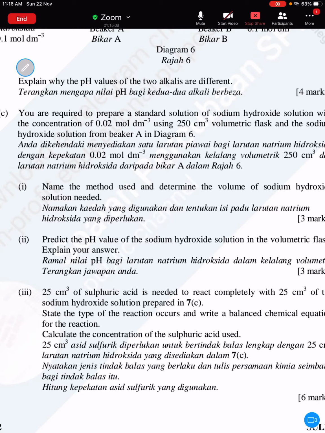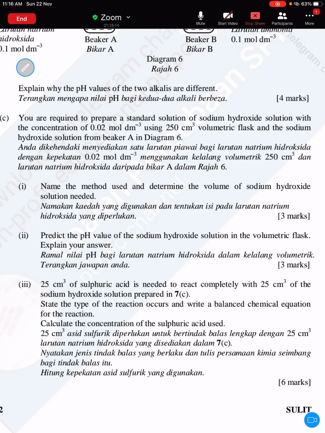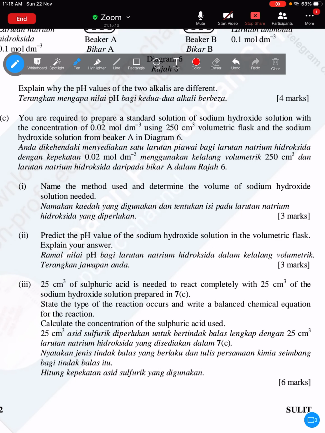You are required to prepare a standard solution of sodium hydroxide, a NaOH solution with the concentration of this M, using a 250 volumetric flask, and the sodium hydroxide solution from beaker A in diagram 6.